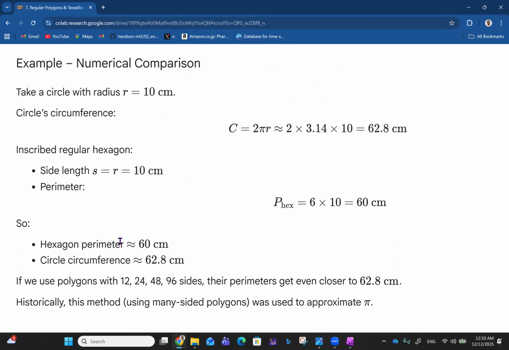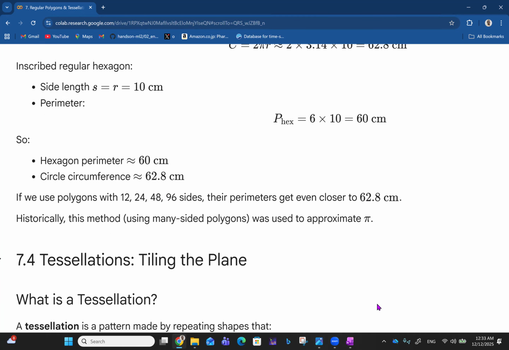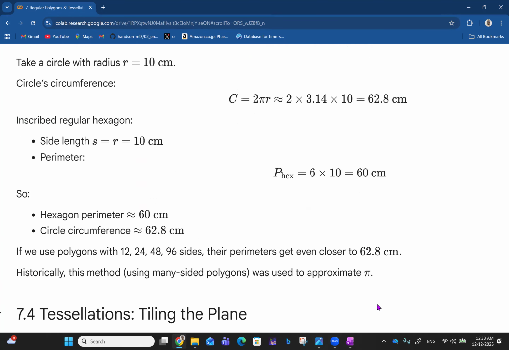So the hexagon perimeter is approximately 60 centimeters, and the circle circumference is 62.8 cm. If you use polygons with 12, 24, 48, 96 sides, their perimeters get even closer to 62.8 centimeters. Historically, this method using many-sided polygons was used to approximate pi. So that's one way pi came into play.